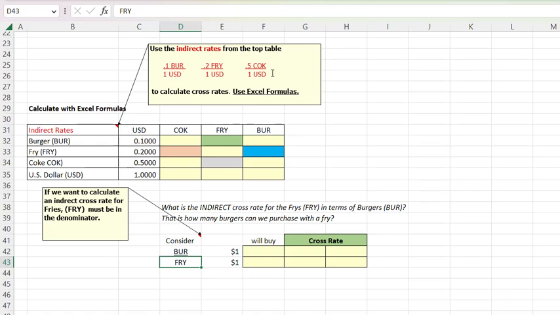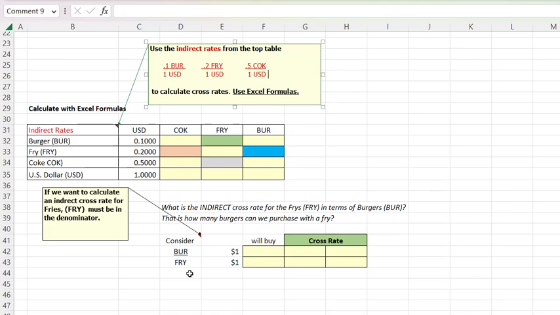So when we talk about indirect rates, whatever indirect currency or item we're talking about goes in the denominator. So again, 1/10 of a burger can purchase a US dollar, 2/10 of a fry can purchase a US dollar, or a half a Coke can purchase a US dollar.